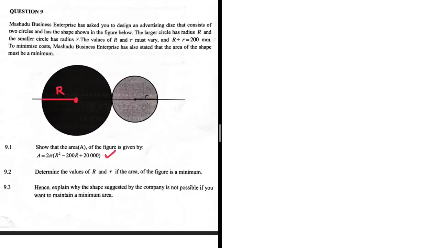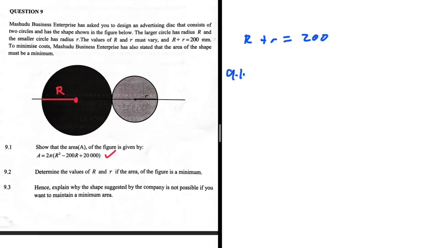To minimize cost, the enterprise also stated that the area of the shape must be a minimum. Okay, that is the information we have. What can we extract from that paragraph there? R plus r is equals to 200. That's what we can extract.